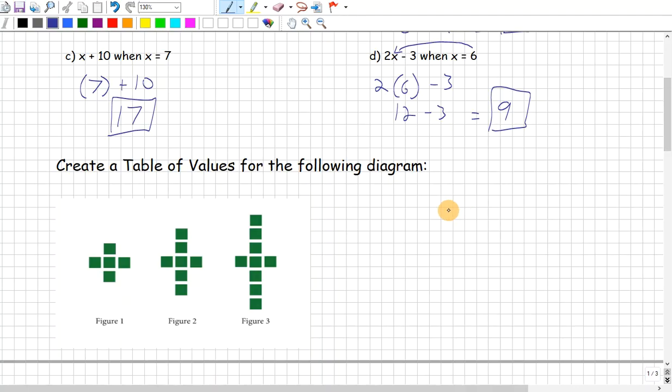So we're going to look at what a table of values is. A table of values is also sometimes called a T chart, because it looks like a T. And then what I do is I look at the first column, which could be the figure number. That will be the figure number 1, 2, and 3.